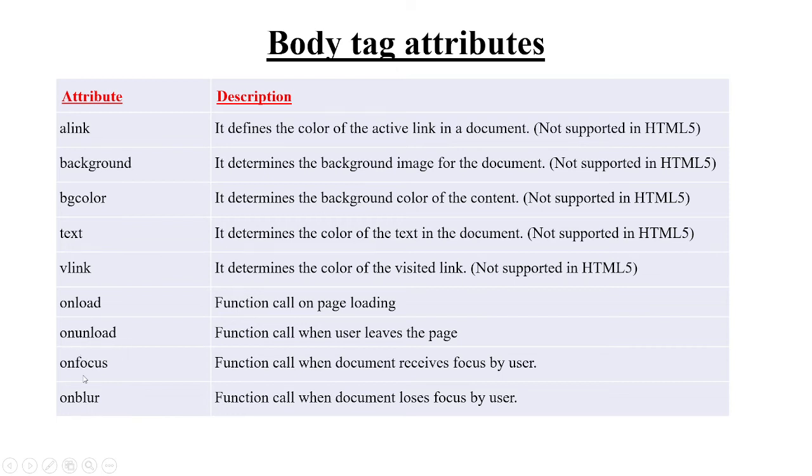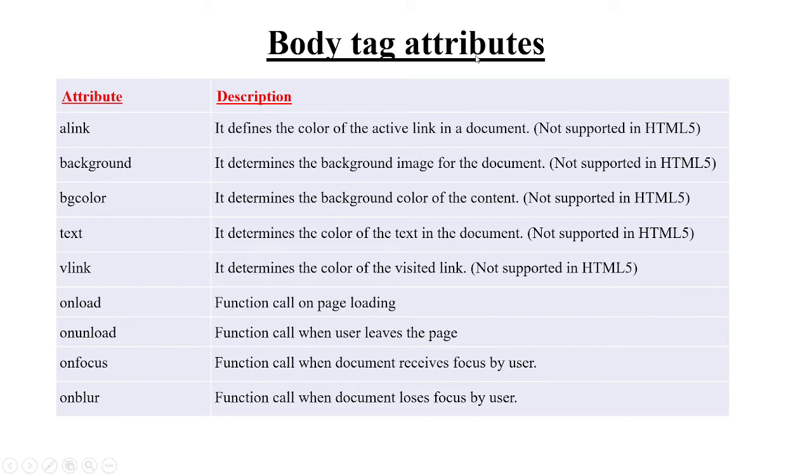There are also on focus and on blur. On focus is a function call when the document gains focus by the user, and on blur is a function call when the document loses focus by the user.